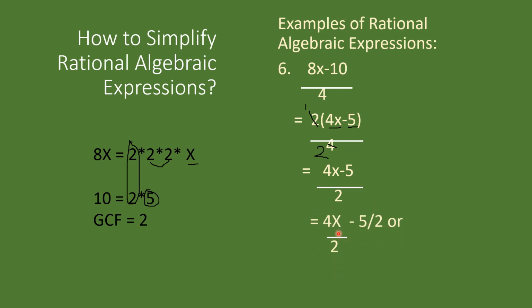Okay, this one, 4x divided by 2 minus 5 divided by 2. Or, we know that 4 and 2, we can simplify that. 4 divided by 2, that is 2. Or that is 2x minus 5 over 2.